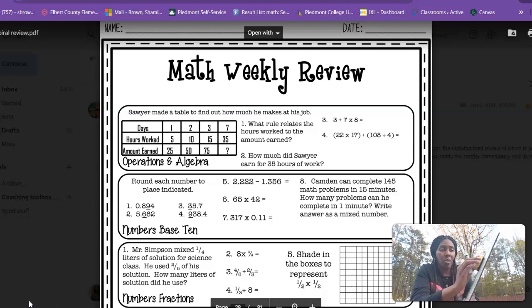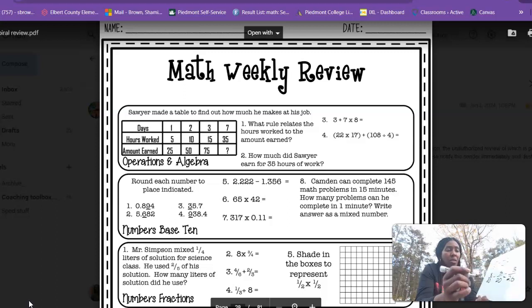I'm just going to use this and write it over. So 2/5 minus 1/4 is really going to be 8/20 minus 5/20. So that's just going to give me 3/20. So he used 3/20 of his solution. Okay.